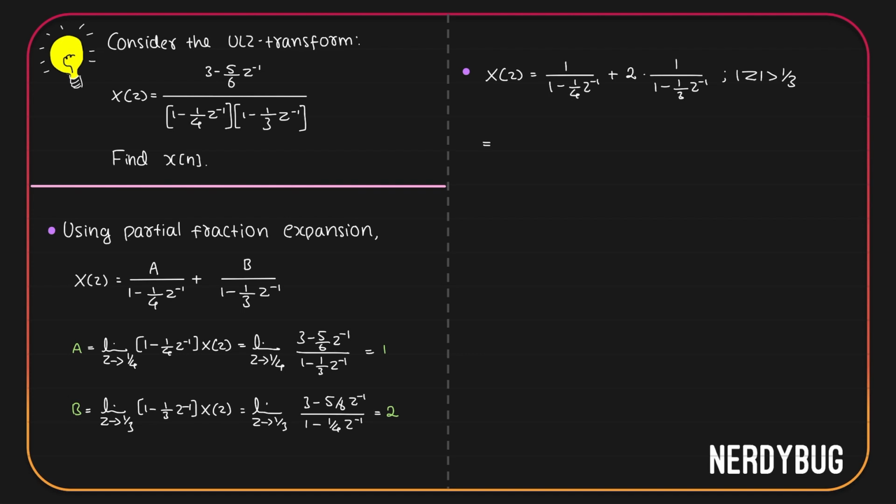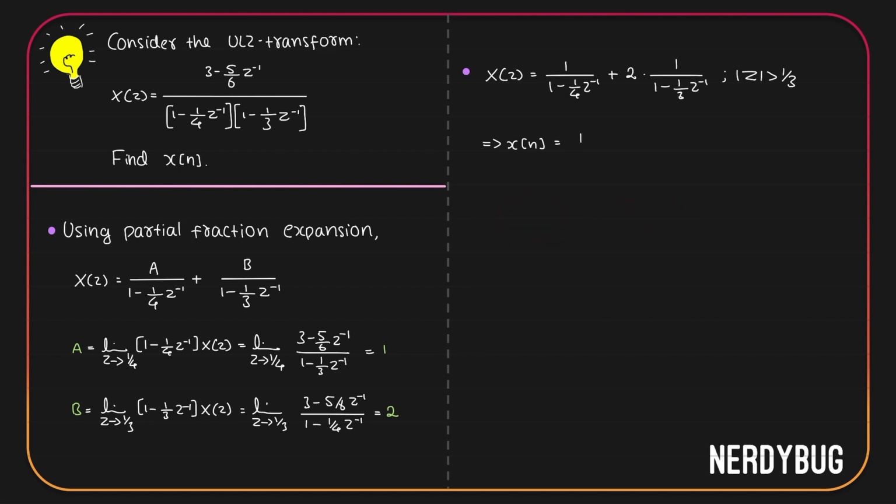From this we can write the sequence x of n. It is the inverse Z transform of x of z. The first term is 1 by (1 minus 1 by 4 z inverse). This is of the form 1 by (1 minus a z inverse), and it is right sided. So its inverse is going to be a raised to n times u of n.